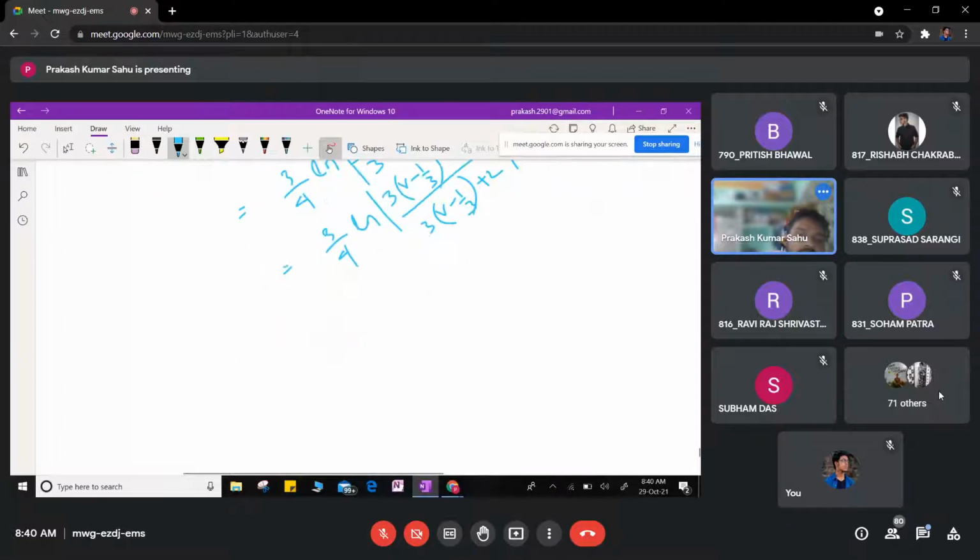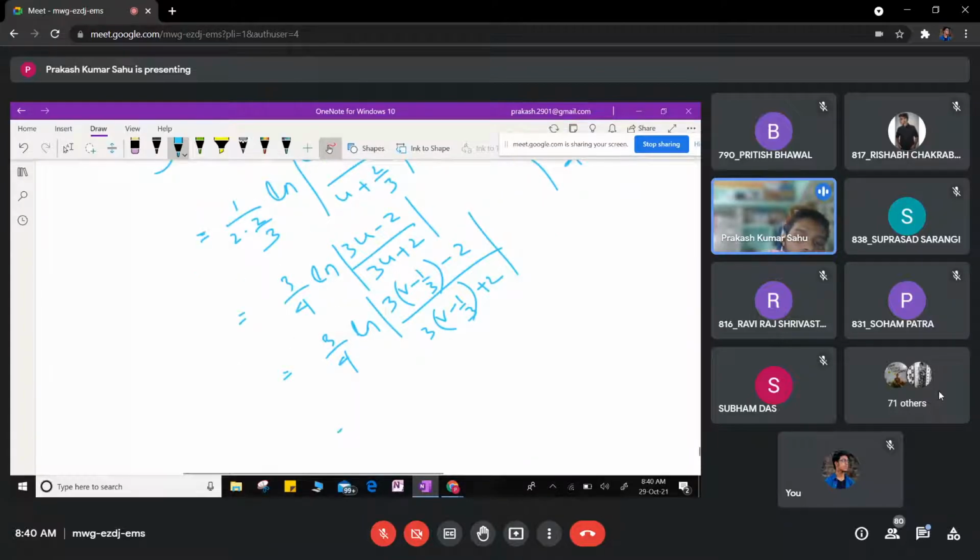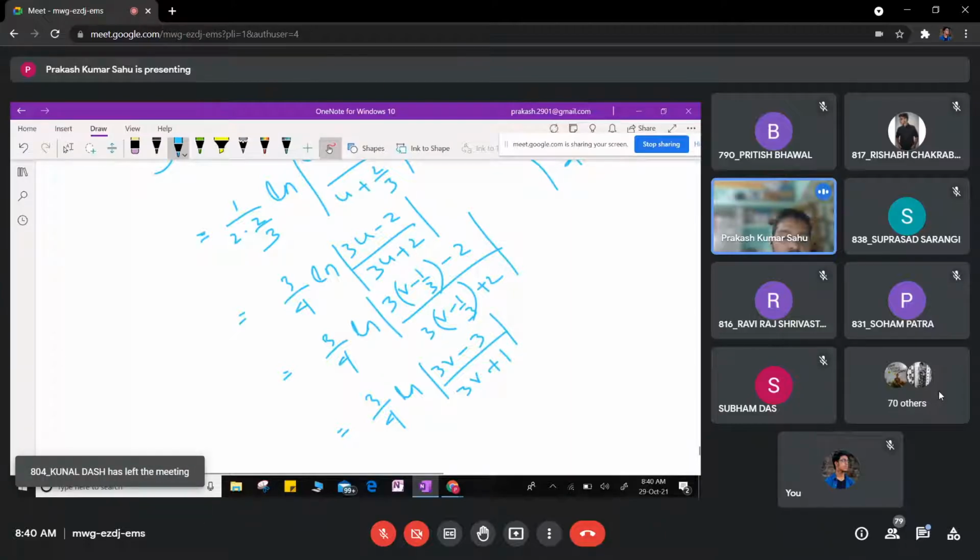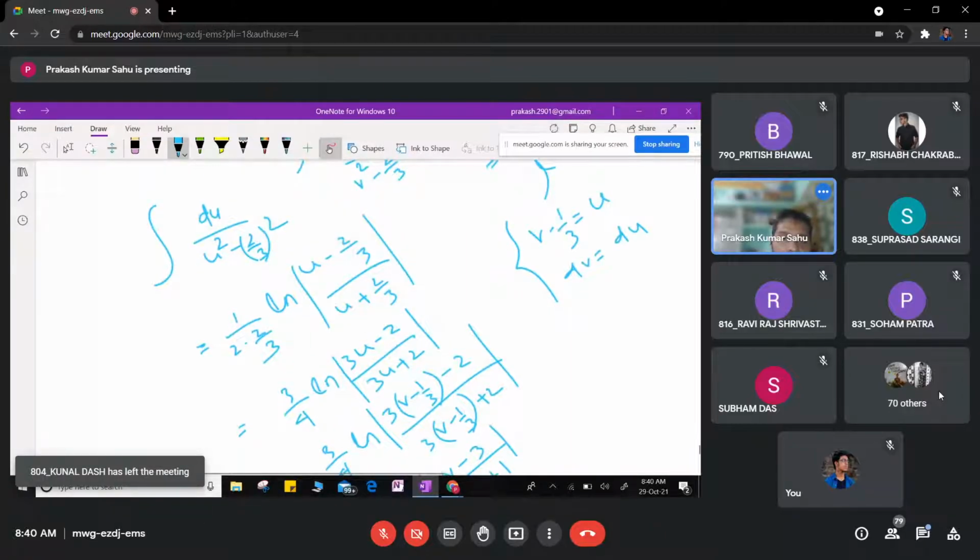Again you simplify it, so which is 3/4 ln, उसको और थोड़ा सिंप्लीफाई कर दो, इजी होगा। दिस इज 3v माइनस 1 माइनस 2, तो माइनस 3, सॉरी सॉरी, हाँ, माइनस 1 माइनस 2 माइनस 3 डिवाइडेड बाई दिस इज 3v माइनस 1 प्लस 2, तो माइनस 1 प्लस 2, दिस इज प्लस 1, ये आ जाएगा 3/4 ln 3v minus 3 divided by 3v plus 1. गॉट इट?